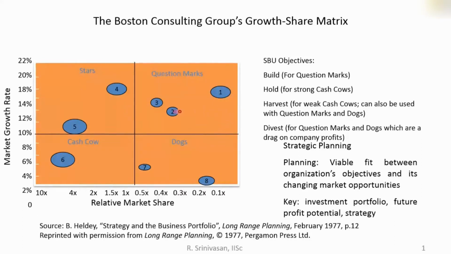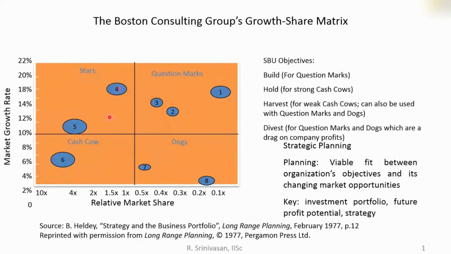In order to move them to stars, you require investment, whether with respect to promotion, incentives or any other type of program. So you try to emphasize the marketing communication mix to ensure this SBU objective: when it is in question marks, you want to build that SBU so that it can move towards stars.